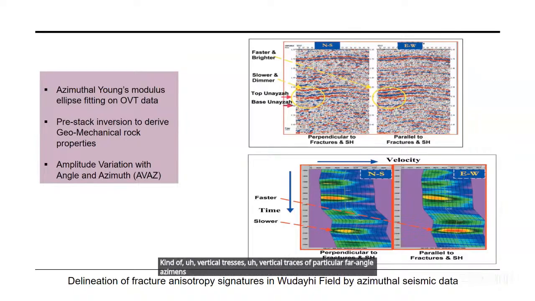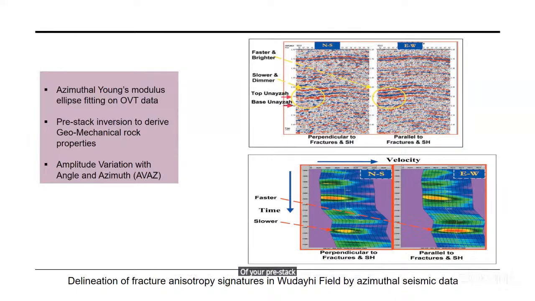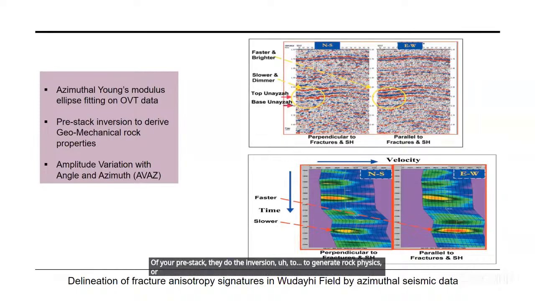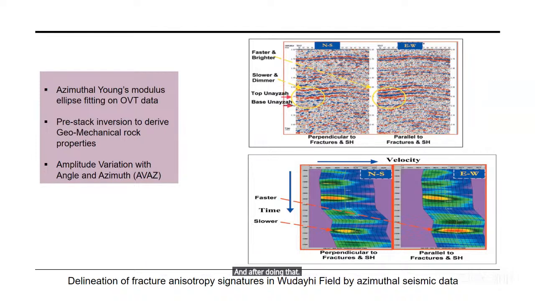What it does is that in a particular stack of a pre-stack, they do the inversion to generate rock physics or basically petrophysical parameters like bulk modulus and Young's modulus. And after doing that, they use an algorithm called ellipse fitting to understand the orientation and the intensity of fractures.